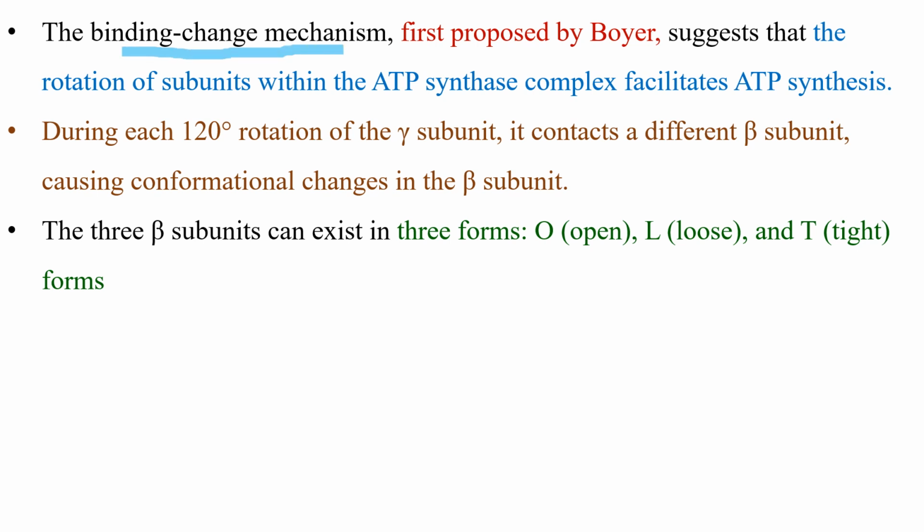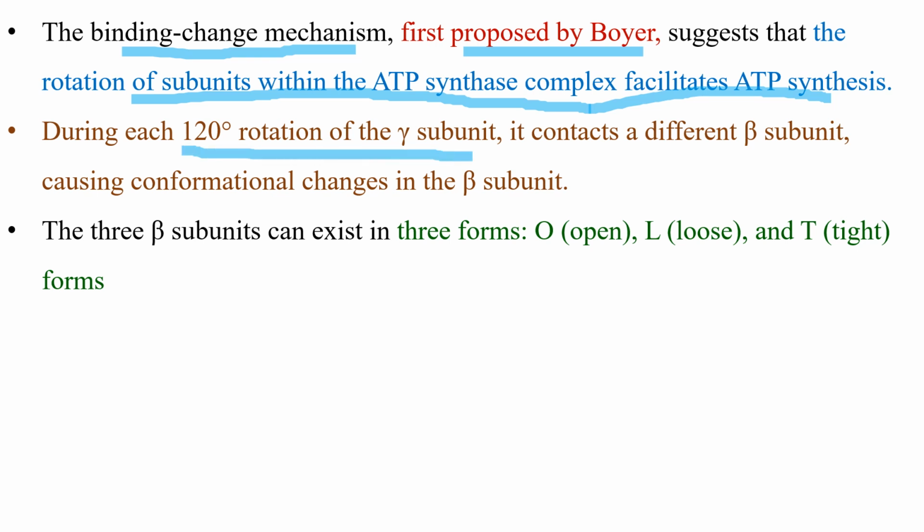The binding change mechanism, first proposed by Boyer, suggests that the rotation of subunits within the ATP synthase complex facilitates ATP synthesis. During each 120 degree rotation of the gamma subunit, it contacts a different beta subunit, causing conformational change in the beta subunit.